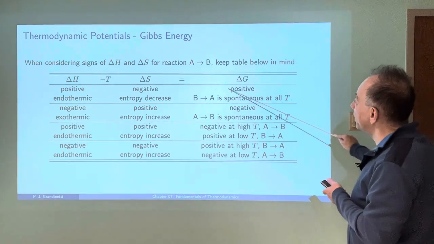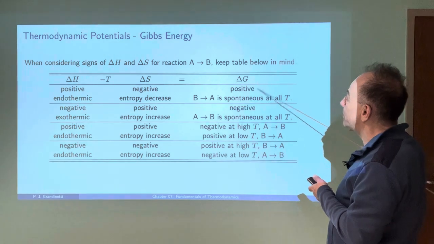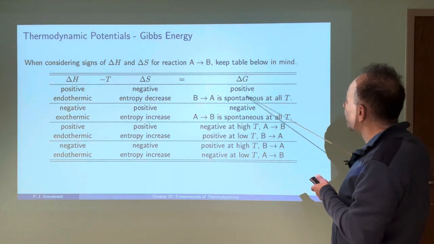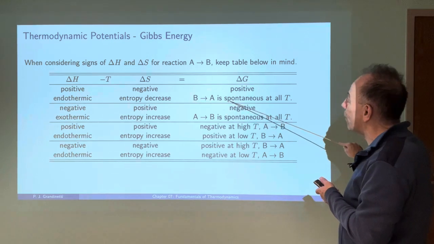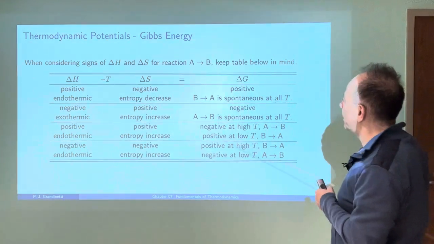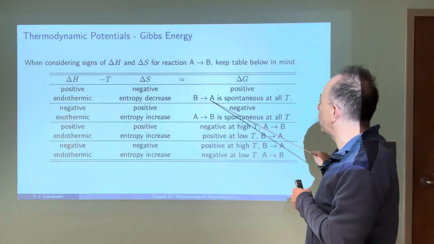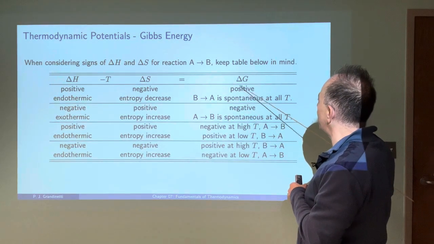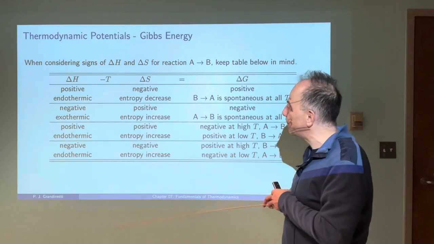A positive delta G means that that process is impossible. So as we've written it, A to B, that process is impossible, but it tells us that the B to A process is the spontaneous direction. You have to flip it in order to get a negative delta G. So this process is the one that's spontaneous. This process, because of the positive delta G, is impossible.